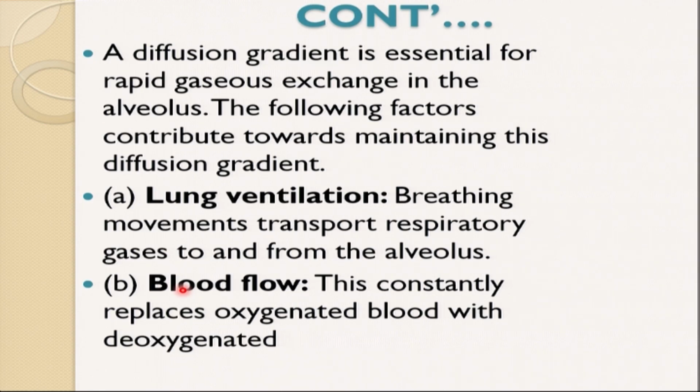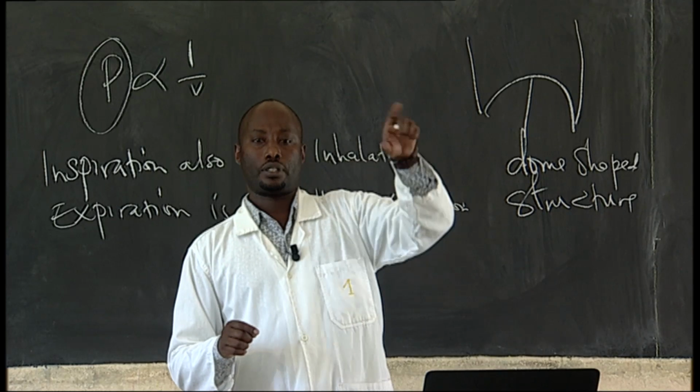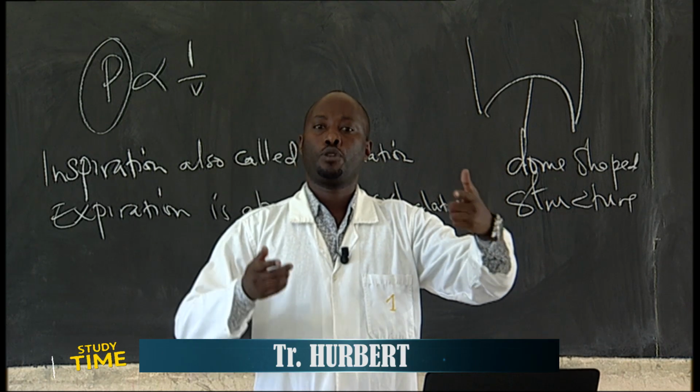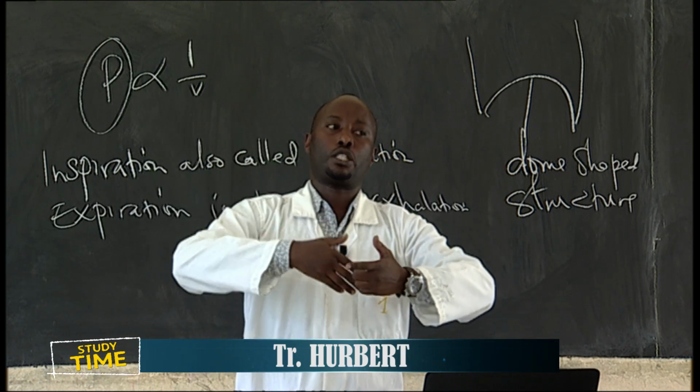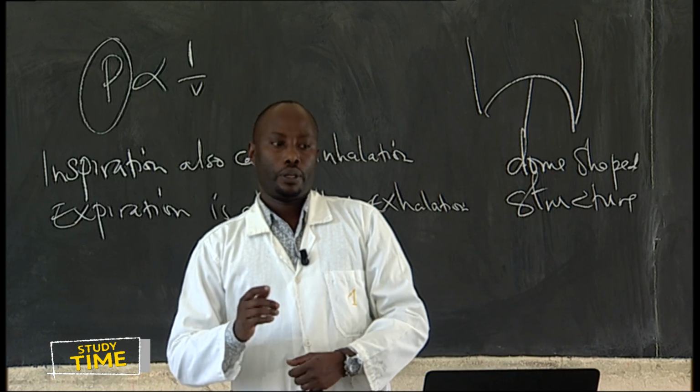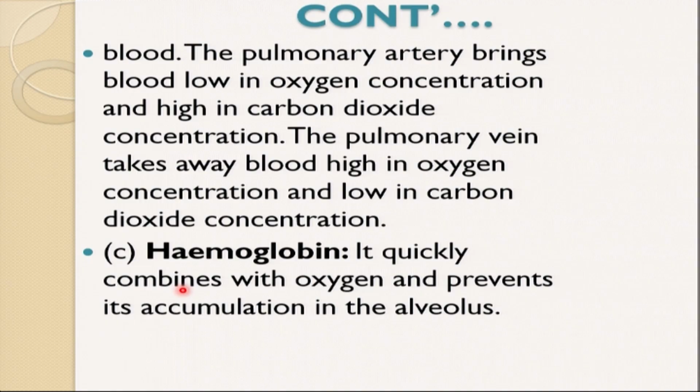Number two, the blood flow. This constantly replaces oxygenated blood with deoxygenated blood. As we have seen on the diagram of gaseous exchange in the alveoli, oxygenated blood must replace deoxygenated blood in the blood capillaries. Number three, the blood.